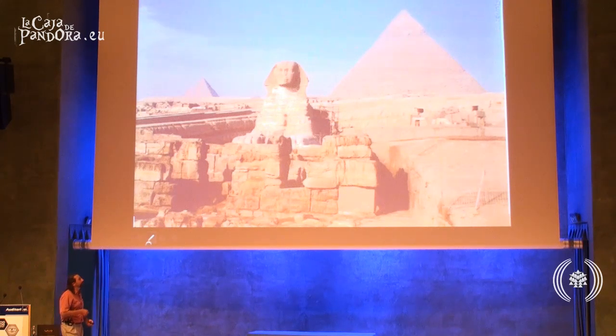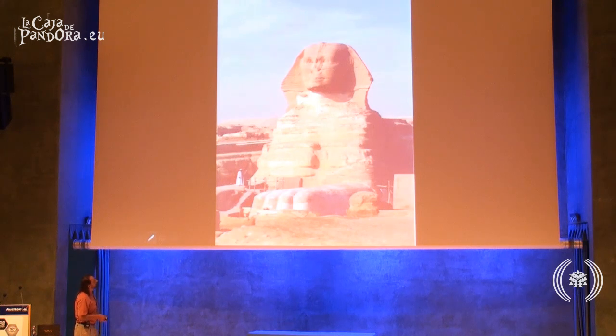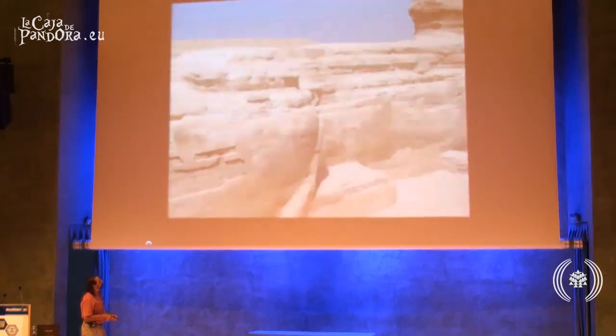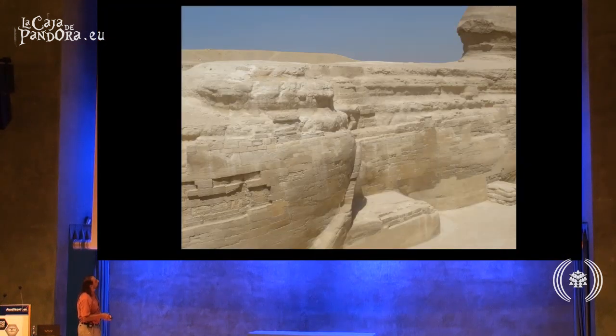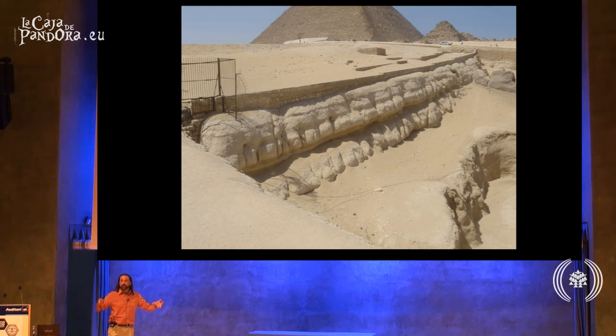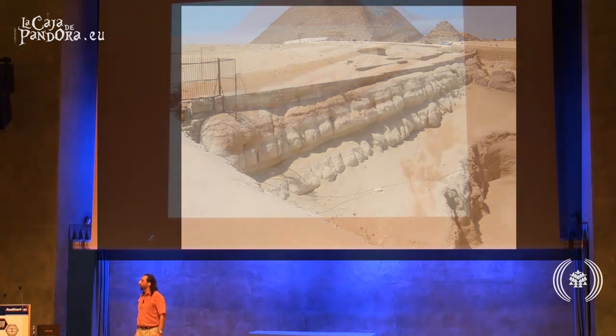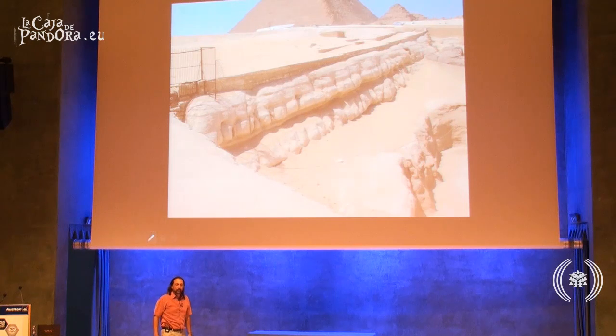Very large. They're removed right out of the enclosure, right out of around the Sphinx. Pulled out. Not only are they 200-ton blocks, but they're stacked on top of each other to make the Valley Temple in front of the Sphinx. So not only did they remove 200-ton blocks, but they were stacking them.